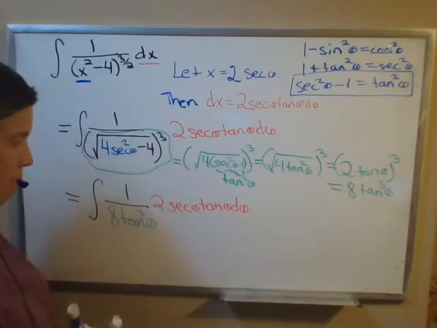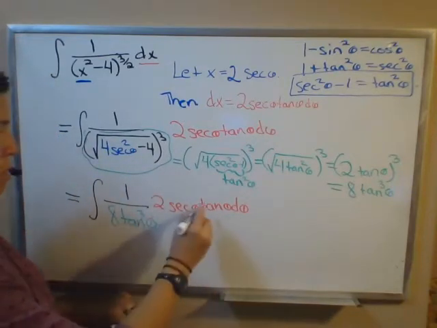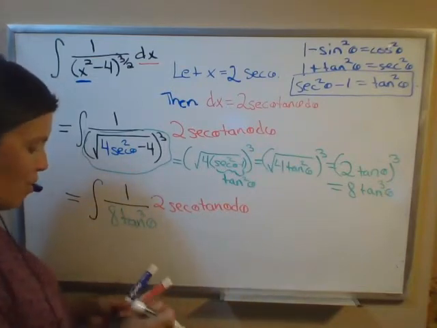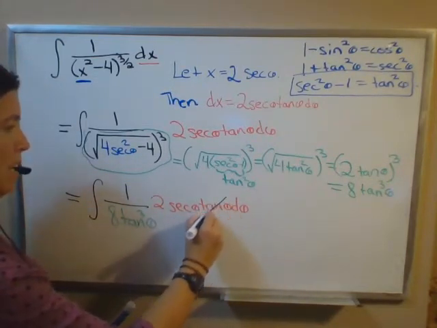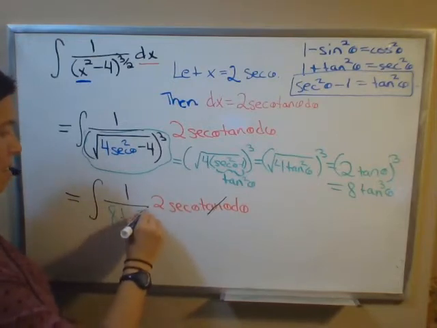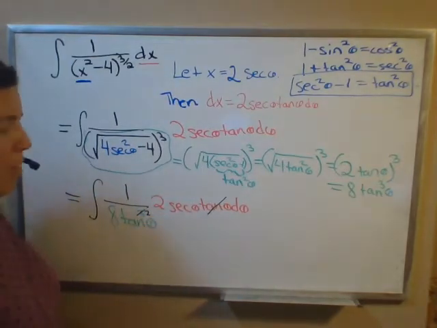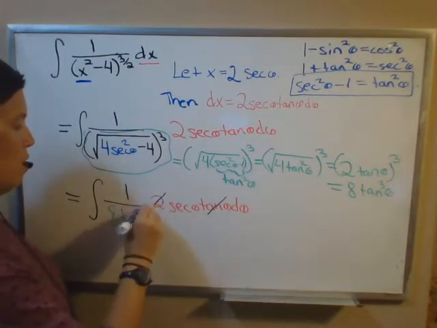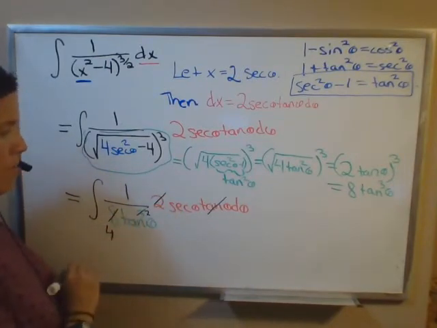Okay, so now comes the fun part. We can reduce. This doesn't reduce a whole lot, does it? So we can cancel a tangent. Okay, so that's tangent squared now in the denominator. We could reduce the 2 over 8, so the 2 cancels here, leaves a 4 in the denominator.